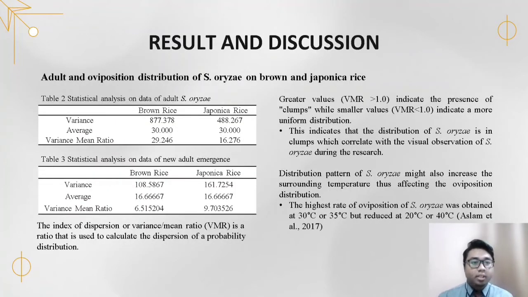Next, we go to the adult and oviposition distribution of S. oryzae on brown and Japonica rice. Table 2 and Table 3 show the variance mean ratio analysis on the data of adult and new adult emergence. A VMR value more than 1 indicates the presence of clumps, while a VMR smaller than 1 indicates a more uniform distribution.